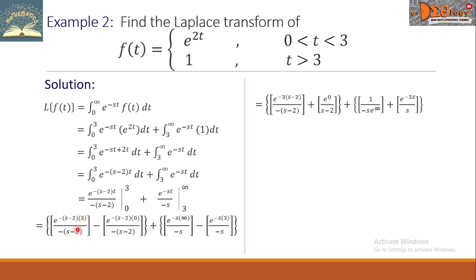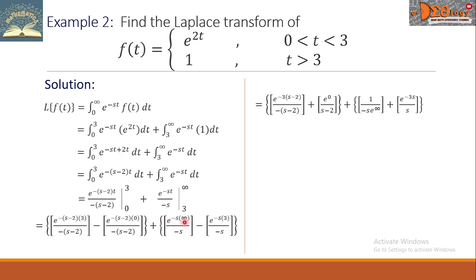For the first group here, we'll just simply copy and simplify some terms in the exponent of e. For the second group, in the exponent, we simply write e raised to 0 all over the s minus 2. Take note that the negative and negative becomes positive. Plus, this third group here means we can simplify this e raised to negative s times infinity.